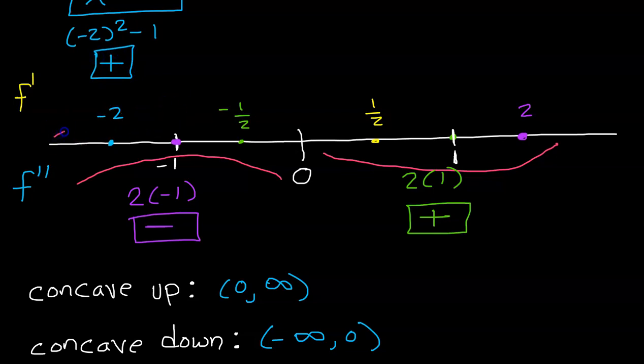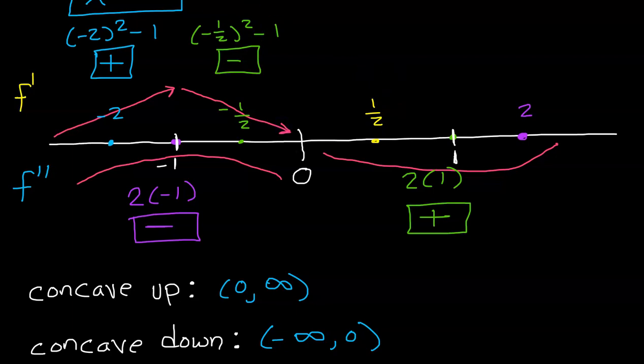So in this interval, the function is increasing. And now let's look at -1/2. So that would make -1/2 squared minus 1. So this would be +1/4 minus 1, which will definitely be a negative value. So the function is decreasing in this interval.